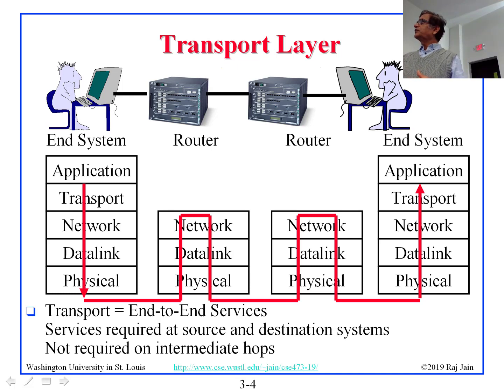Based upon that address, it puts a new header, gives it to the data link, which gives it to the physical layer, they all put new headers and then the packet goes on. So the headers keep changing along the way.